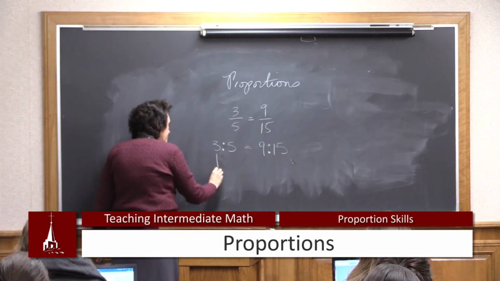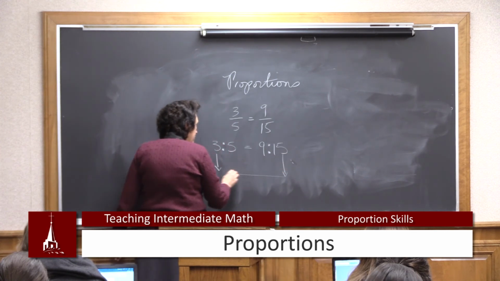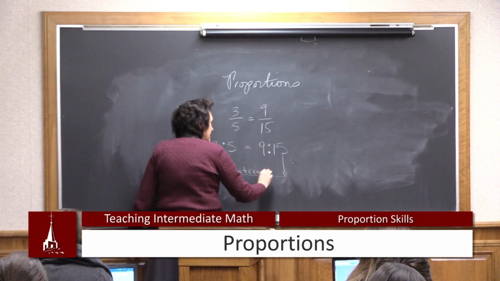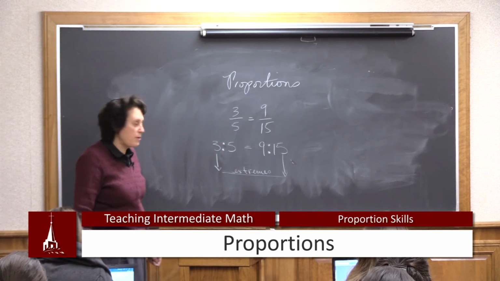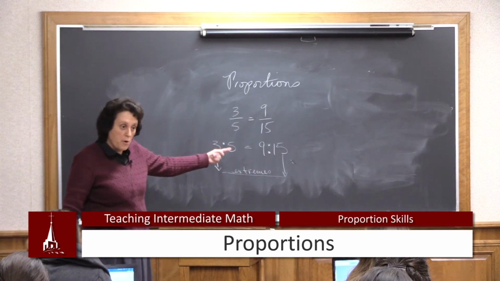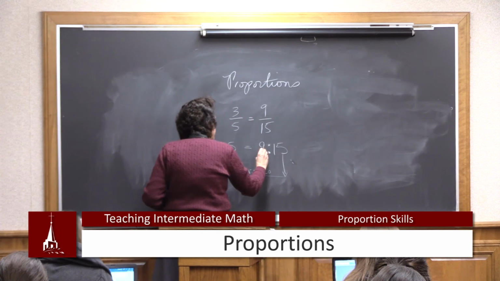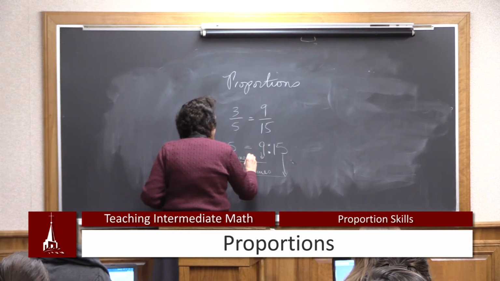The 3 and the 15 are both referred to as extremes. You can kind of see they're on the end of my proportion when I write it in proportion form instead of in fraction form. Then the 2 middle numbers, the 9 and the 5, are called the means.